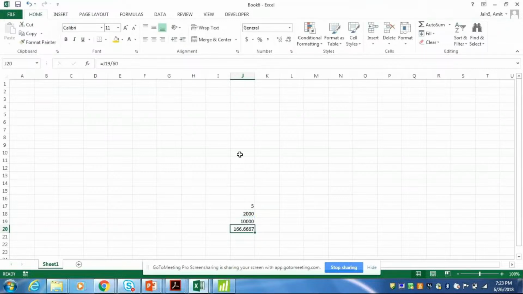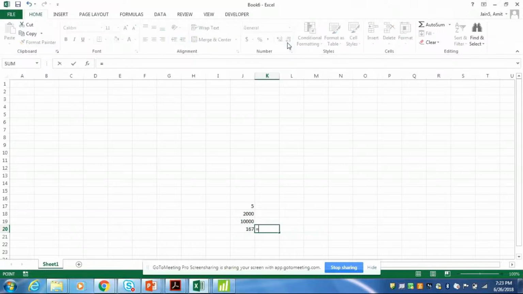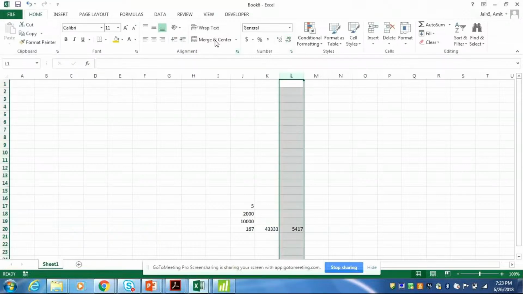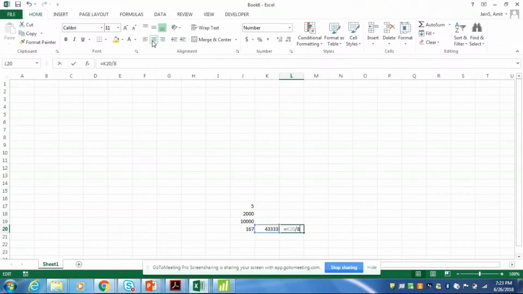If I divide it by hours, it is 166 hours in one day. You work 5 days a week, and there are 52 weeks in a year. So about 43,333. We work 8 days a week, right? 8 hours a day. If you worked 8 days a week, I was impressed.